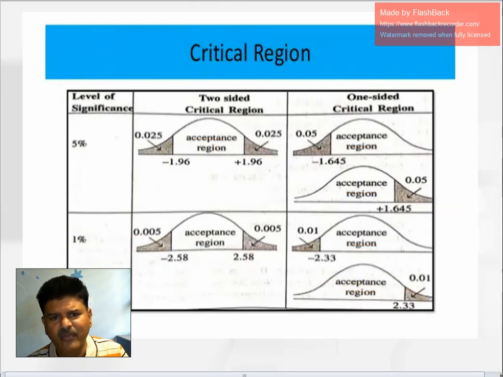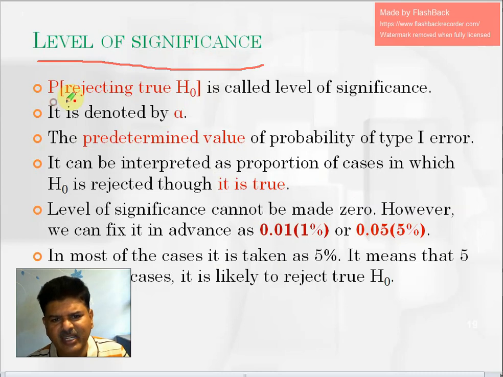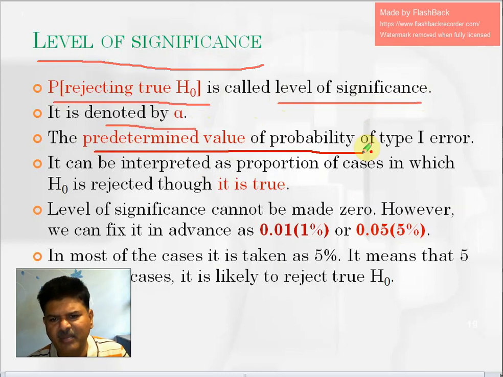Now we will discuss the level of significance. The probability of rejecting a true H naught is called the level of significance. It is the probability of rejecting the null hypothesis when it is true. It is denoted by alpha. It is also the predetermined value of the probability of type 1 error.